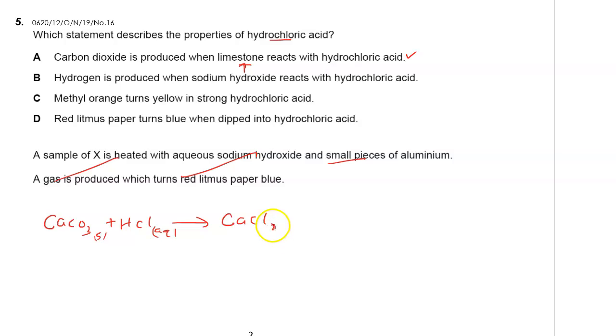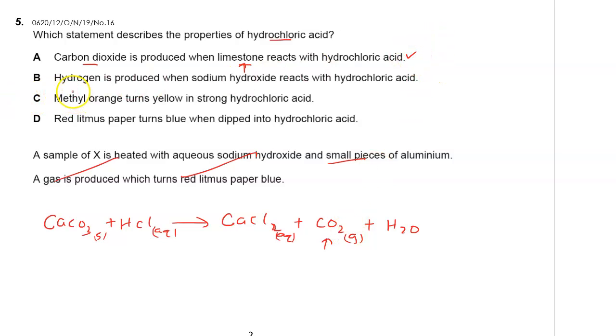Calcium chloride is soluble, so it forms an aqueous solution, with production of carbon dioxide gas, and water will be formed. So carbon dioxide is produced here, so that is correct.